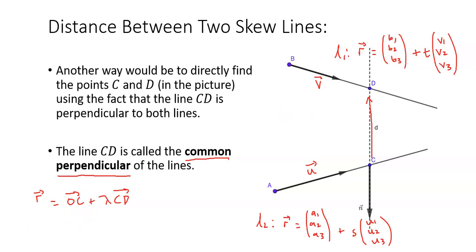Alright, anyway, how do we actually do this? So let's say that the normal vector n is equal to (n1, n2, n3), and we can calculate it simply by u crossed with v.